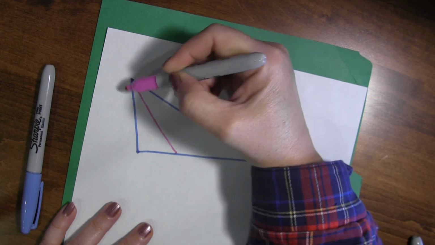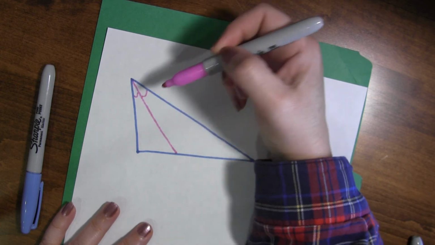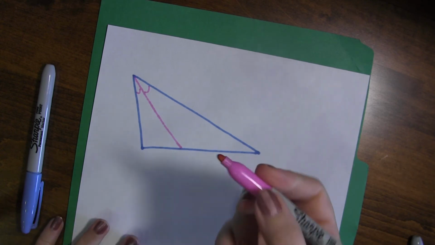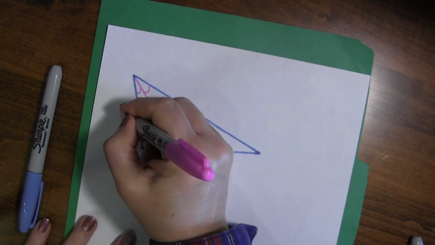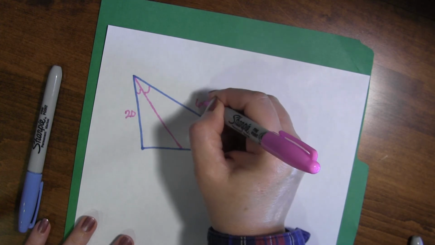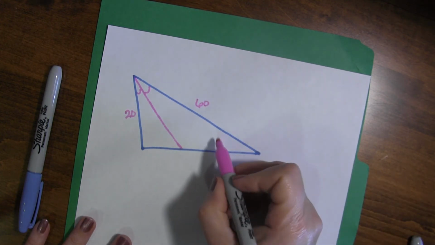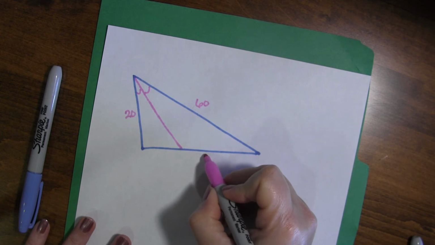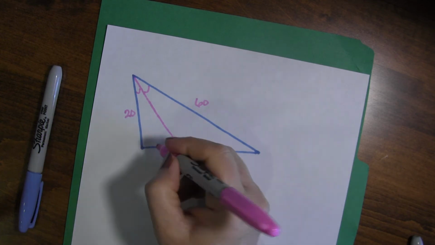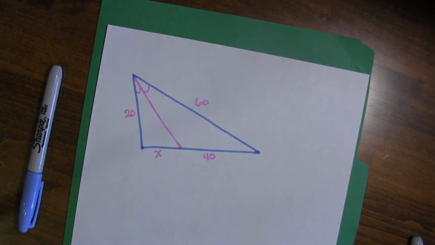I'm going to bisect that angle right there. So that is completely cut into half. And then I'm going to give some numbers here. I'm going to say that this is 20. I'm going to say that this is 60. And I'm going to say that this right here is, let's say 40. Okay? All right. So we want to know what x is.